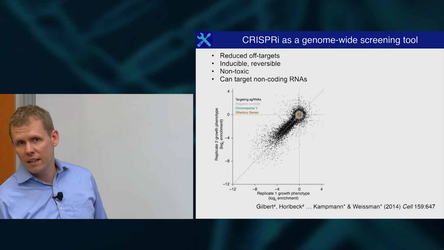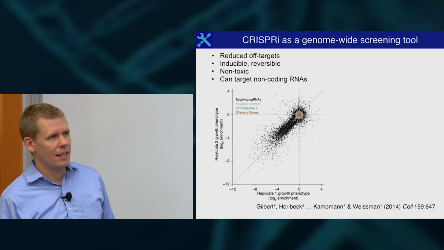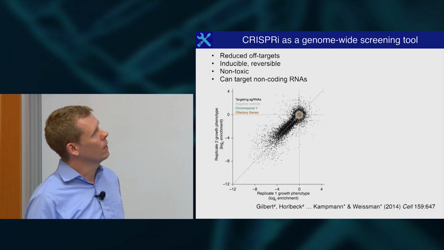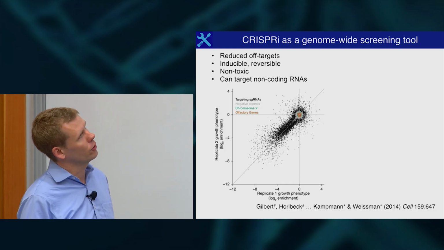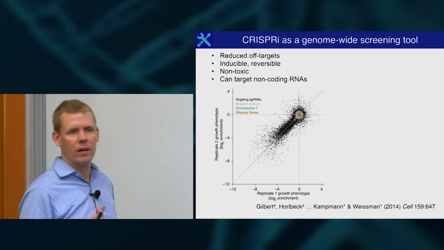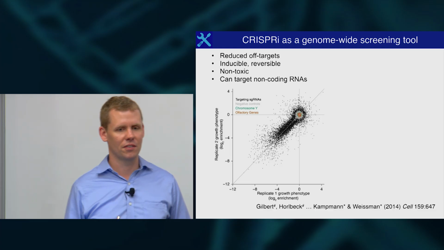And yes, there's some scatter, which, as I said, any experimental method has noise. But one thing that is really quite nice is that our library had negative controls that were designed to be non-targeting, and all of them essentially are really tightly clustered around no phenotype, the gray dots here. But you could always argue, well, maybe there was something weird about these negative controls.